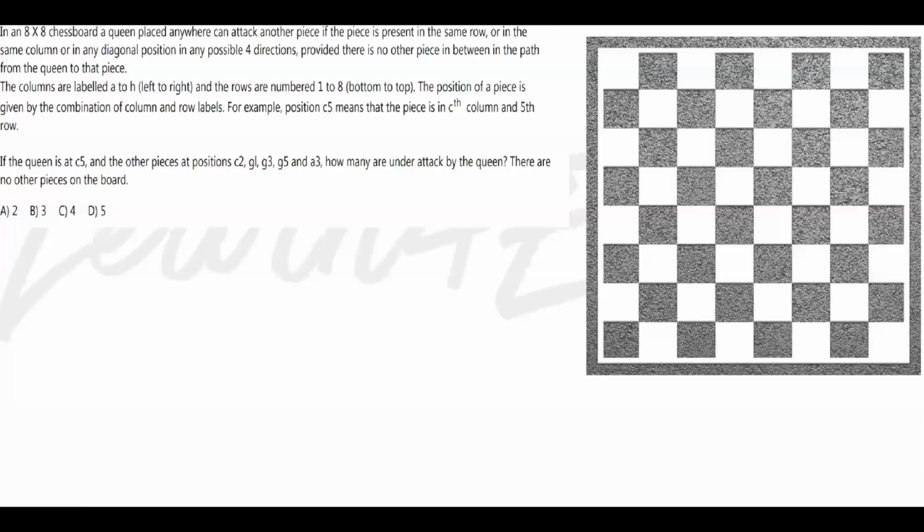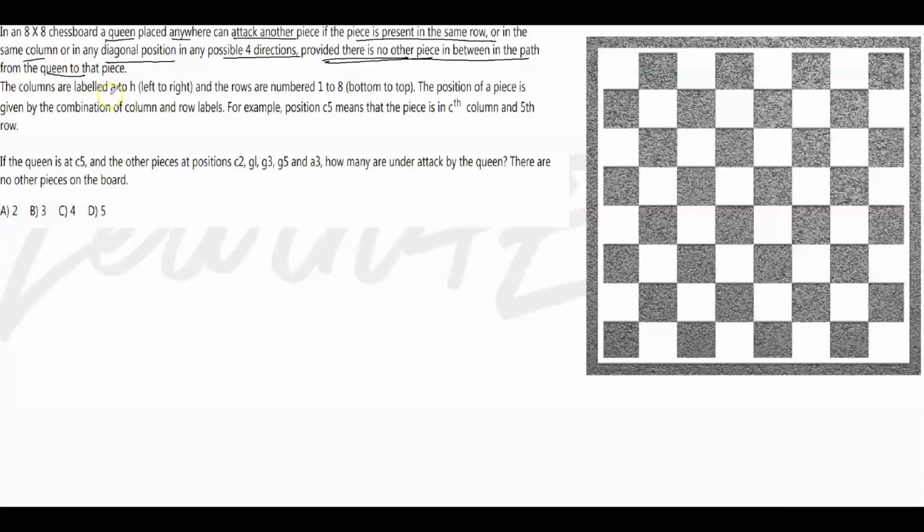Now for this set, let's read it out once. It's a normal chessboard set that we have here. It's an 8x8 chessboard. A queen placed anywhere can attack any other piece if the piece is present in the same row or the same column or in the diagonal position in all the four directions, provided there is no other piece in between from the queen to that piece.